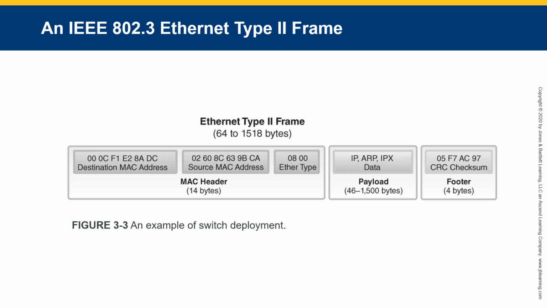Then we have the Ethernet type, which is 0800, which means it's an IP packet. Then here we have the payload, which could be IP, ARP, IPX, whatever it is out there. And then at the end you have the CRC checksum, which validates the integrity of a packet. Remember back in the first chapter we talked about integrity? Well, this validates that the packet is whole.